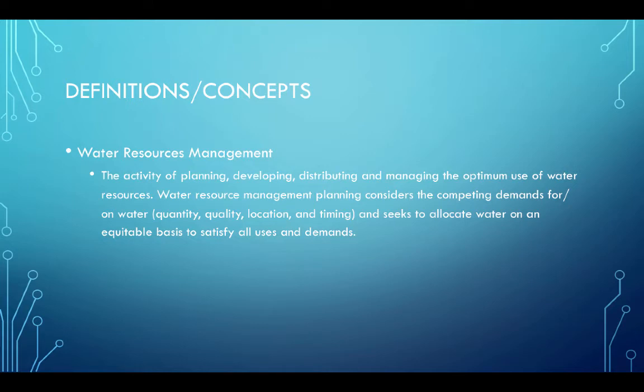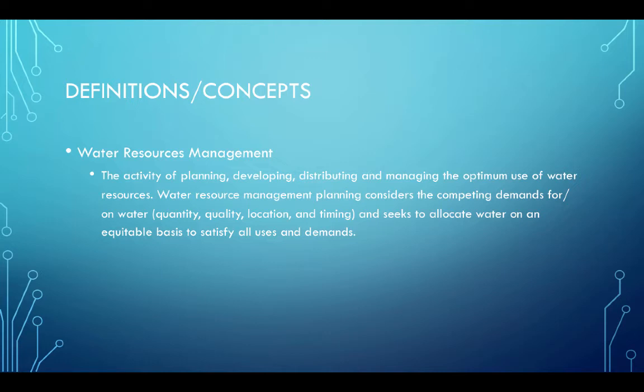So water resources management can be defined as listed here as the activity of planning, developing, distributing, and managing the optimum use of water resources. Water resource management planning considers competing demands for or on the water.